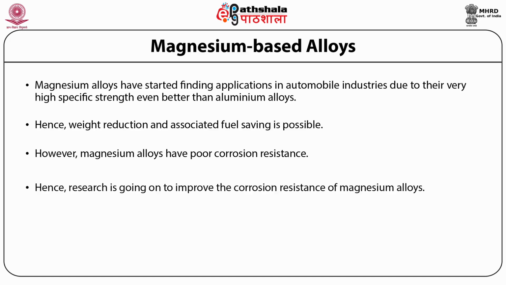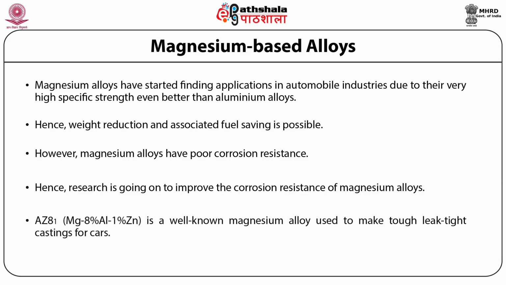Hence, research is going on to improve the corrosion resistance of magnesium alloys. AZ81, that is magnesium, 8% aluminium, 1% zinc, is a well-known magnesium alloy used to make tough, leak-tight castings for cars.